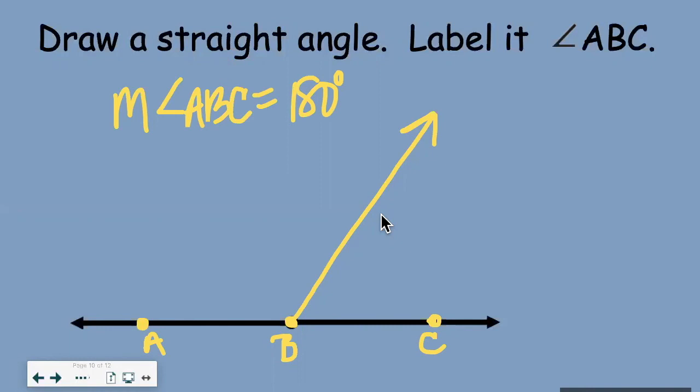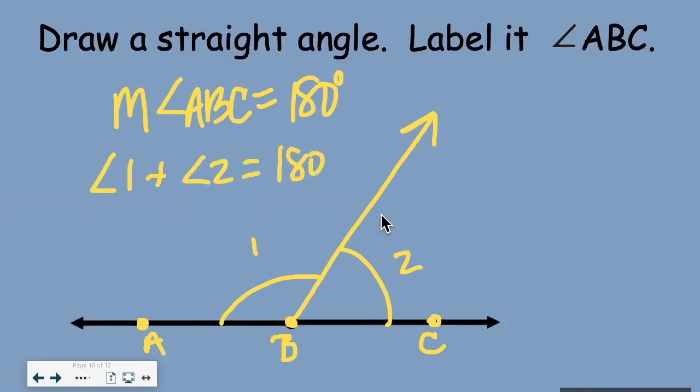Now, how many angles do you see now? Well, we had the original straight angle, but now we also have this angle, which I'll call angle 1, and we have this angle, which I'll call angle 2. If you add angle 1 plus angle 2, in this case, you would get 180 degrees. No matter what angle 1 and 2 measure, their sum has to be 180 degrees because we started with a straight angle.